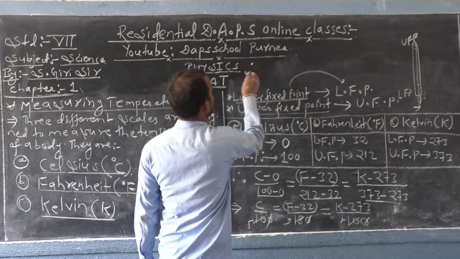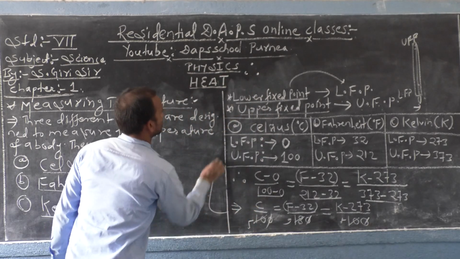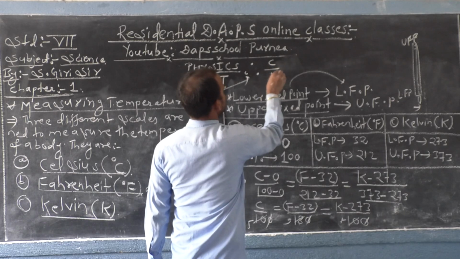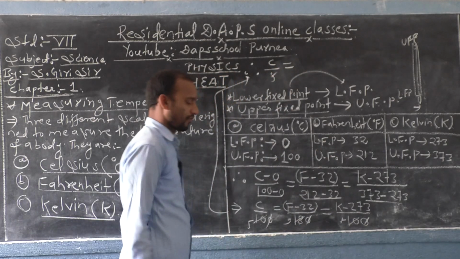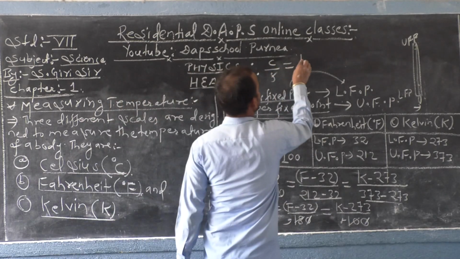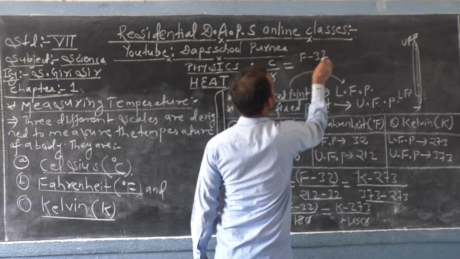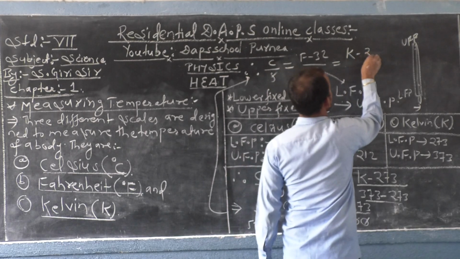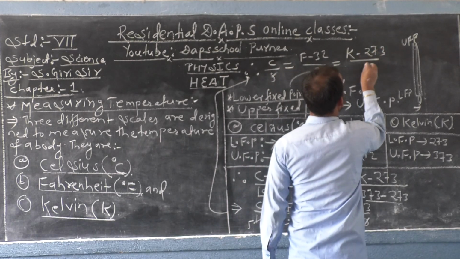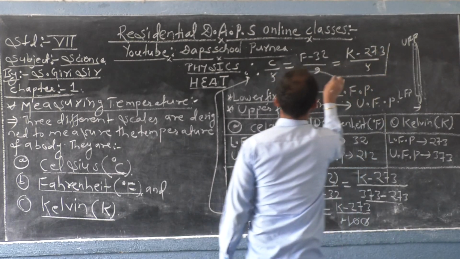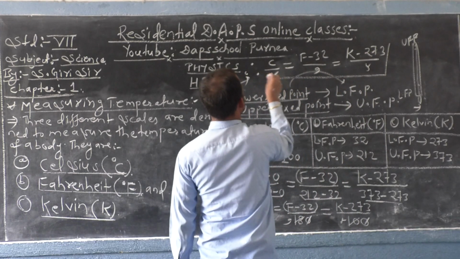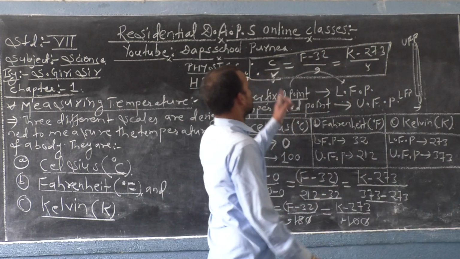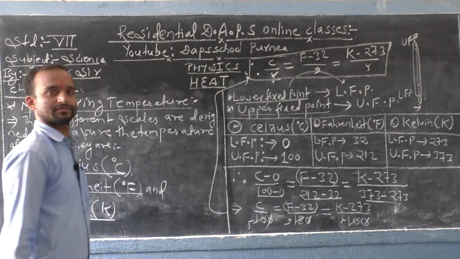Finally you may write it as a simple formula: C by 5 equals F minus 32 by 9 equals K minus 273 by 5. This is the required formula used for all three scales.